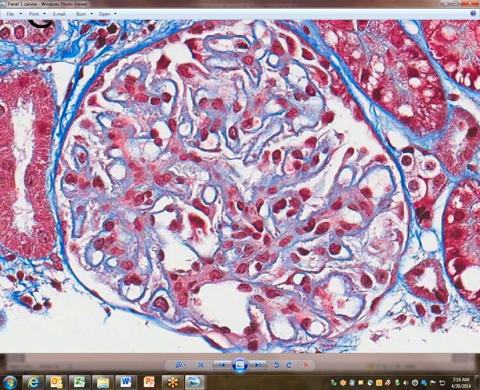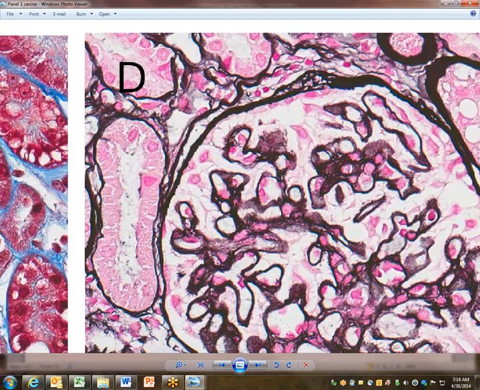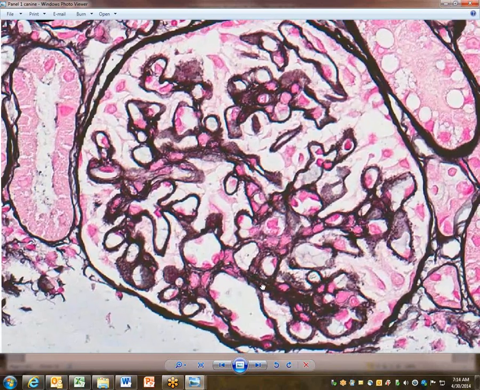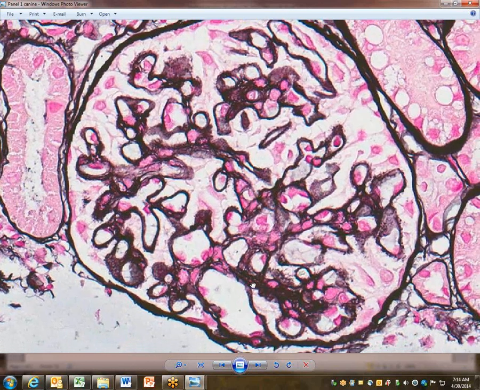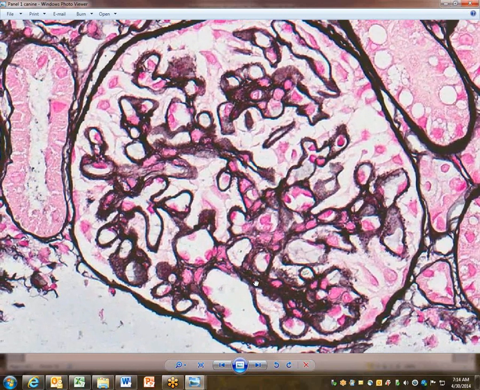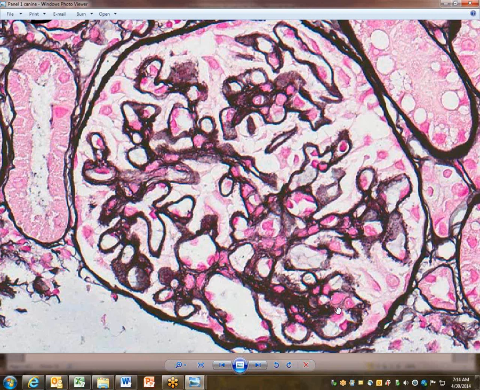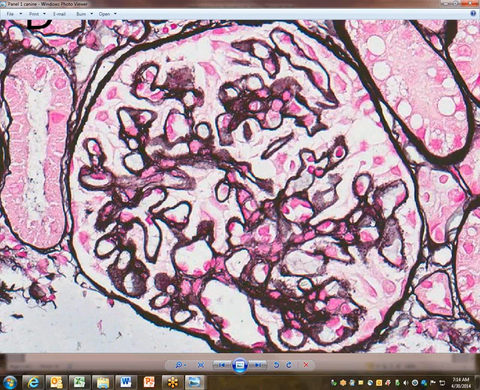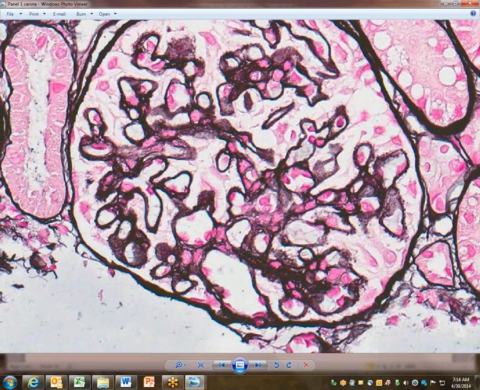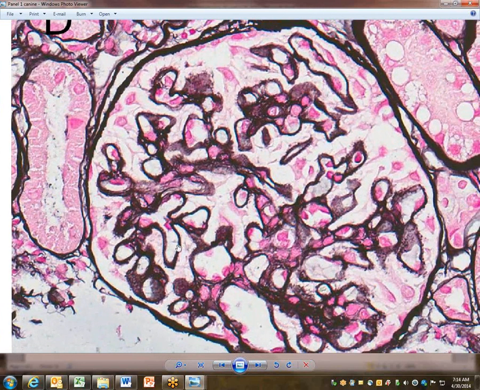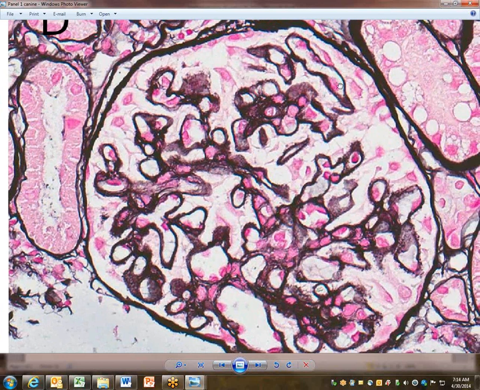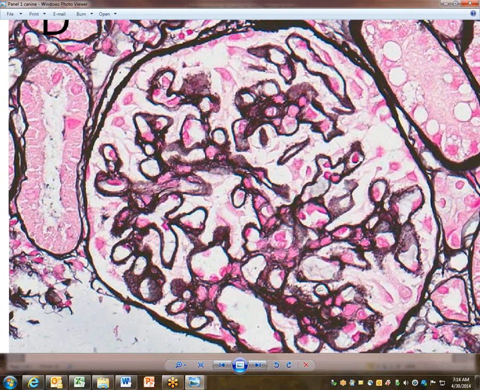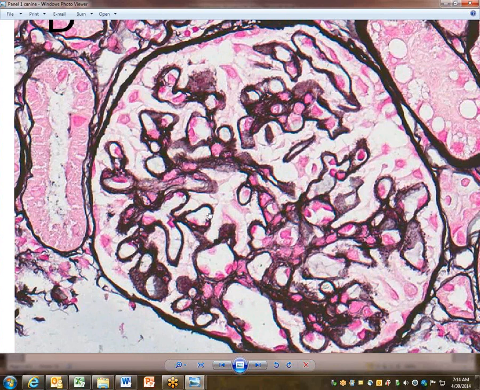And this is the trichrome? Trichrome. Let's go back to the Jones here just for a minute. This is one of the ones where you can often see more clearly the synechia, and I think this is just touching. Here there's really not a direct connective tissue link between the matrix of the capillary walls and the matrix of the Bowman's capsule, so this one isn't actually illustrating them.